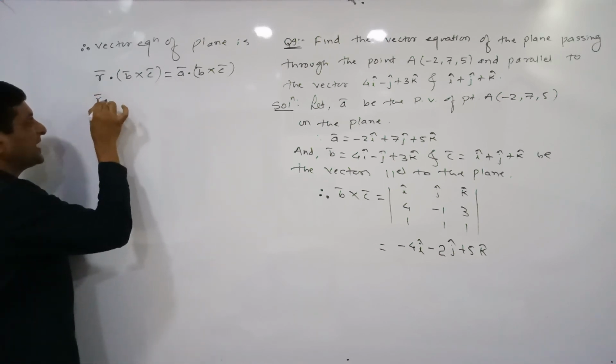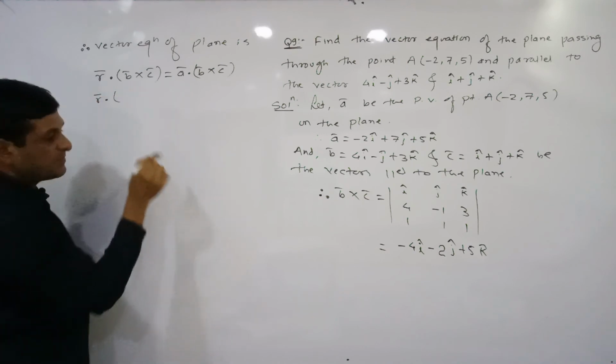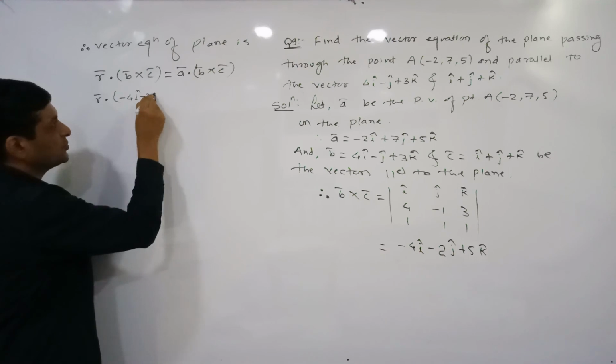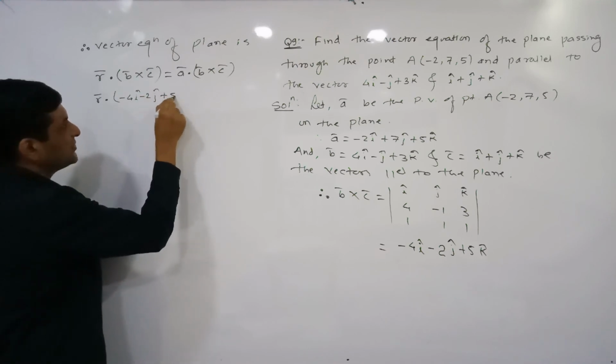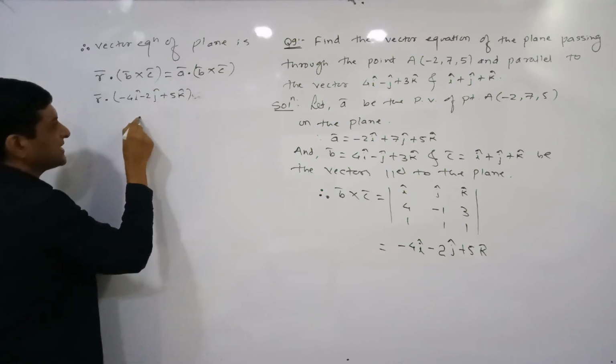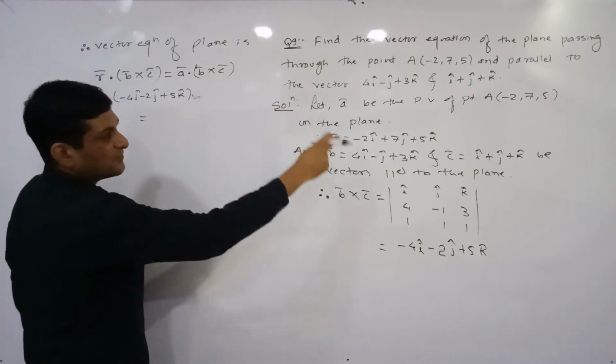So R bar, keep it as it is, replace B bar cross C bar by its value, that is -4 I cap minus 2 J cap plus 5 K cap, and on this side replace A bar by its value. What is the value of A bar?